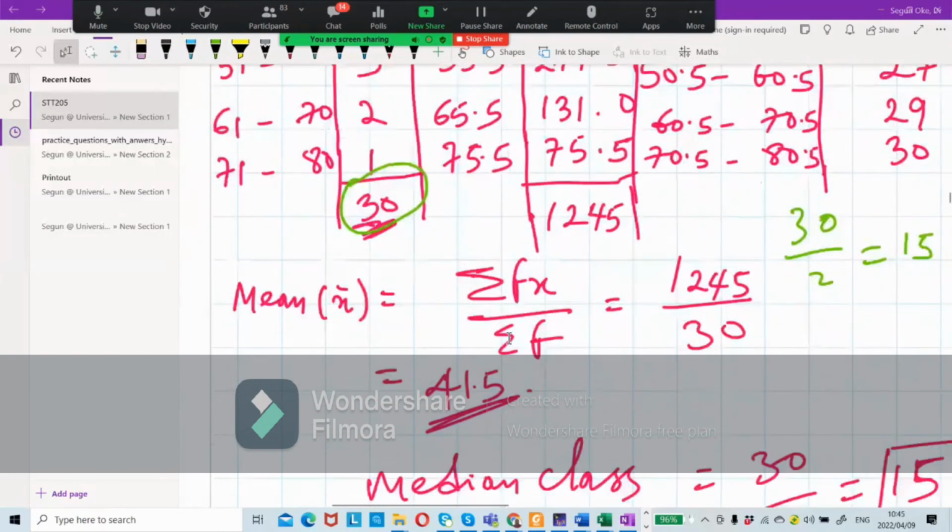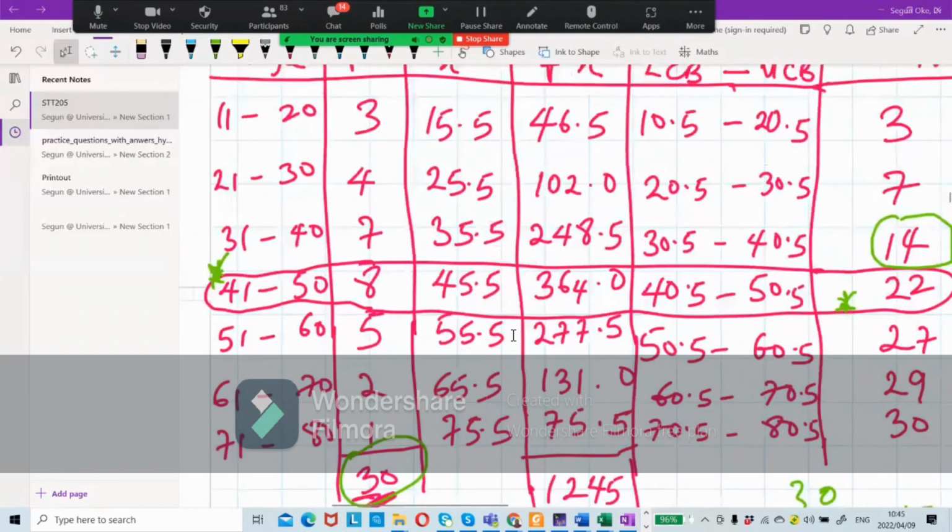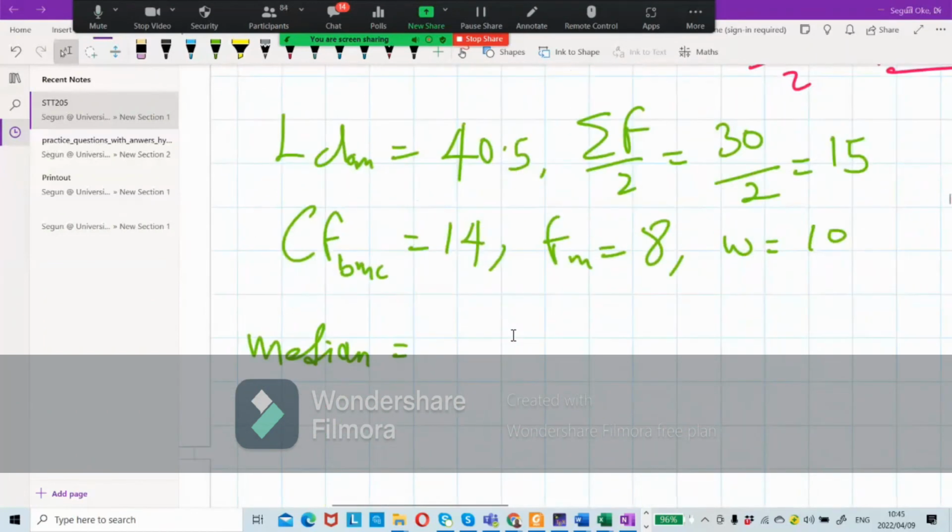Okay, let's proceed. For the formula, we have the formula already.